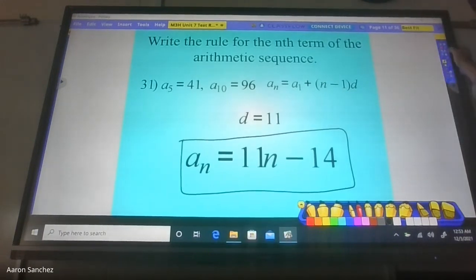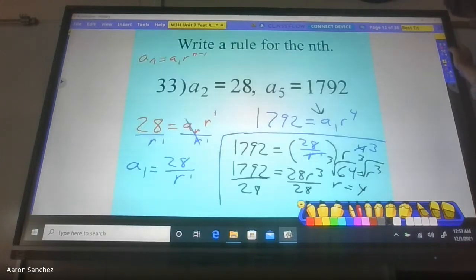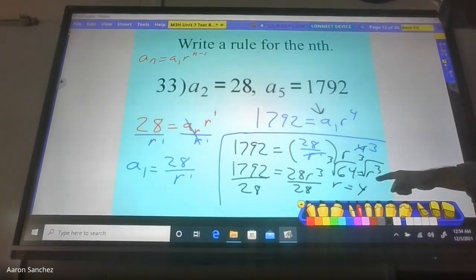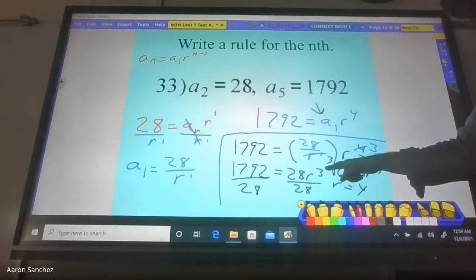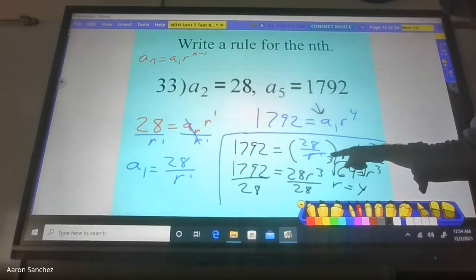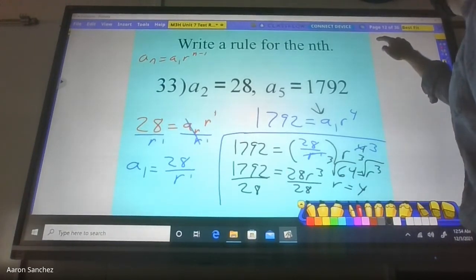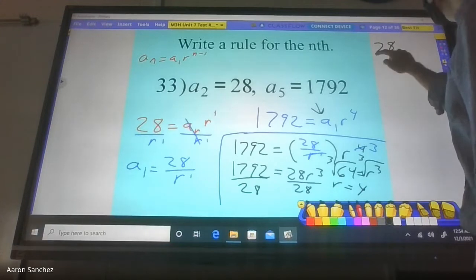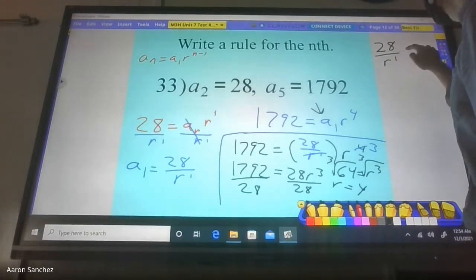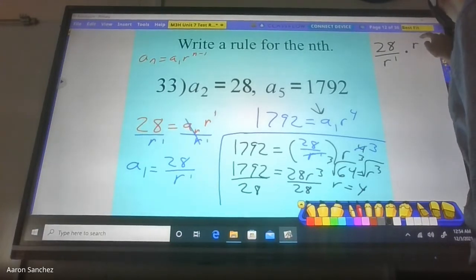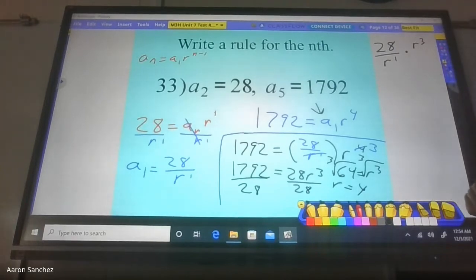Say it super loud. I can't hear. How did I get 3? The cube, yes. So I did this right here. I did 28 over r to the 1st times r cubed. I had that stage.